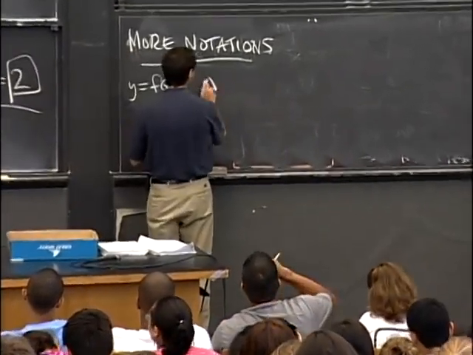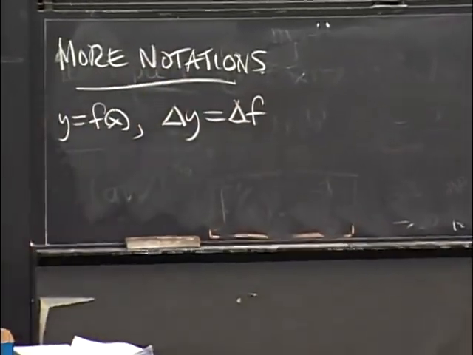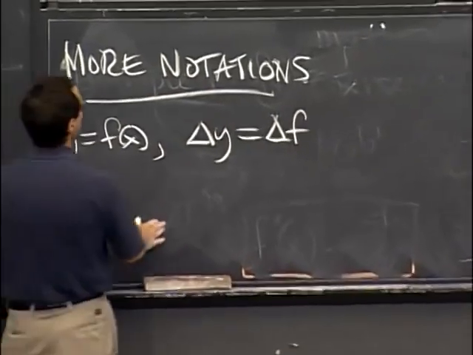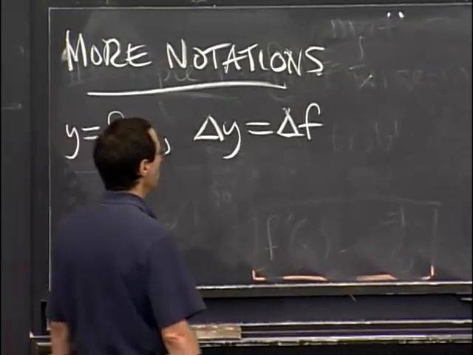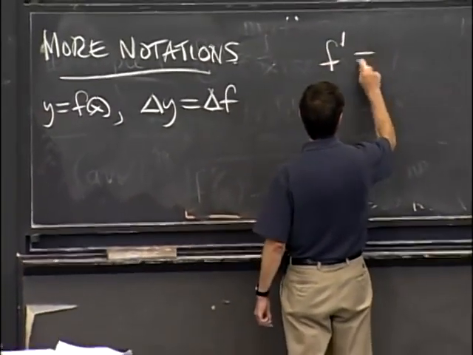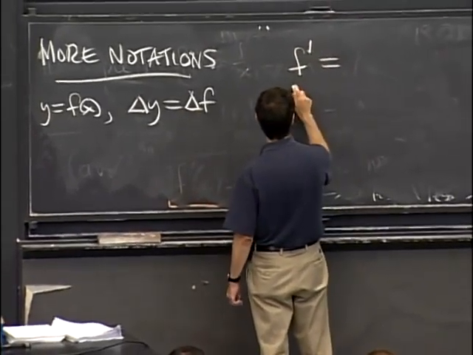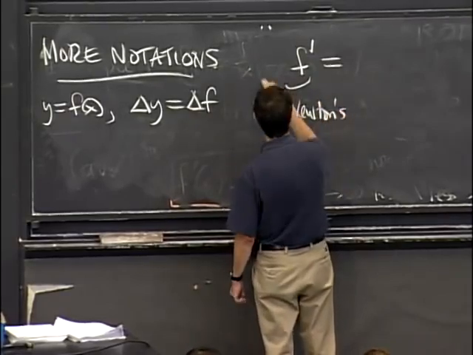And so when we write delta y, that means the same thing as delta f. That's a typical notation. And previously, we wrote f prime for the derivative. So this is Newton's notation for the derivative.